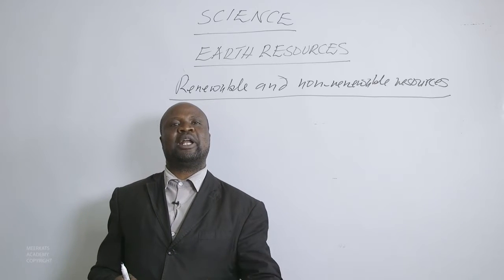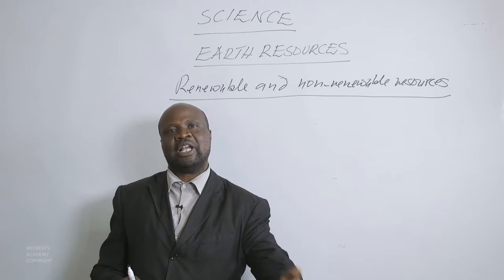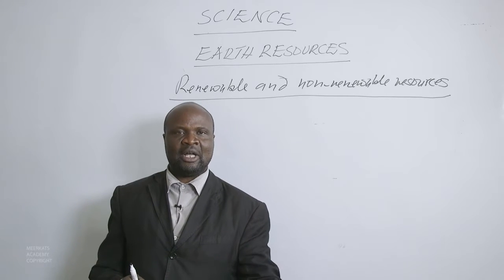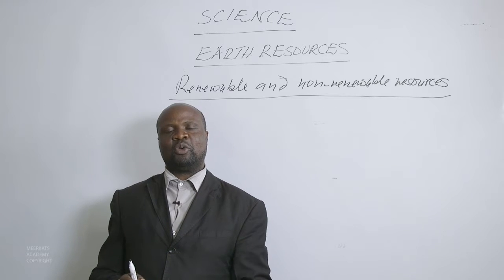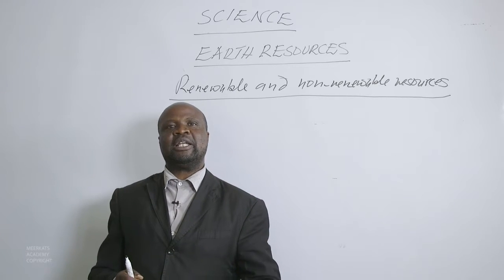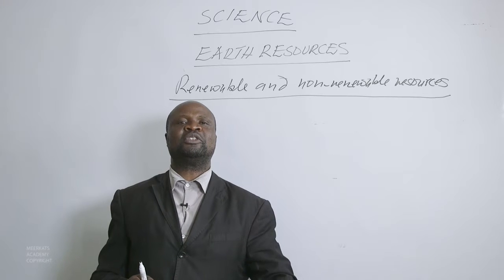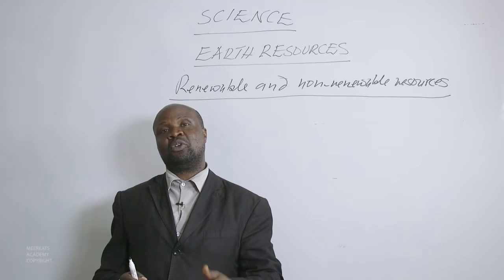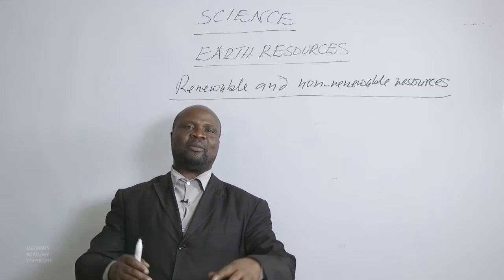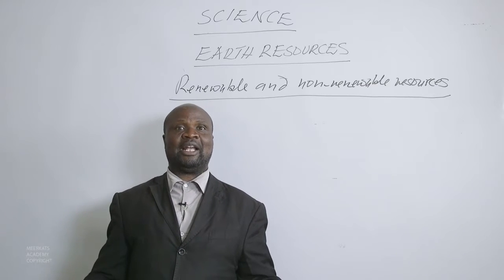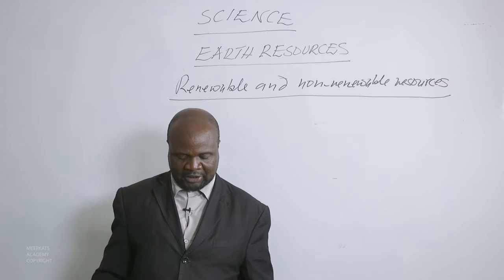The sun will keep on rising daily for maybe millions or billions of years to come, and we shall still be having sunlight. So when you talk about sunlight, we say it is a renewable resource, because at every given time, as long as the sun rises, you will have the sunlight, and plants will be there to use that sunlight, get its energy, and manufacture food.